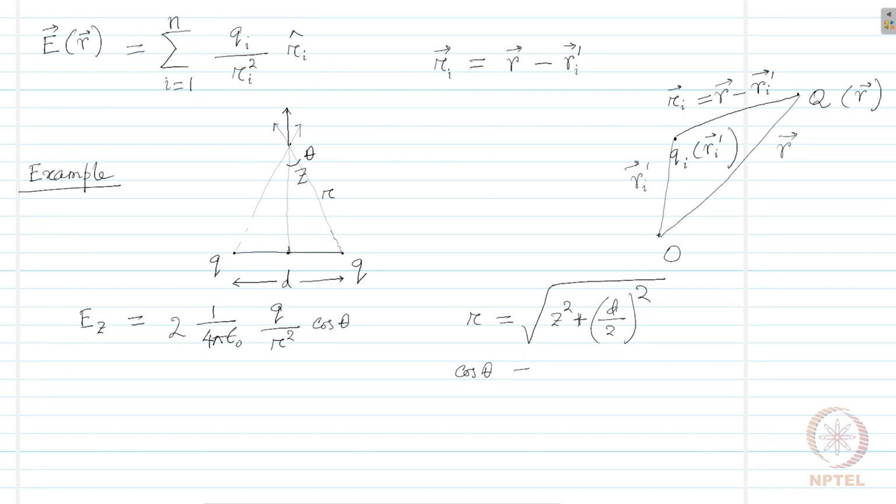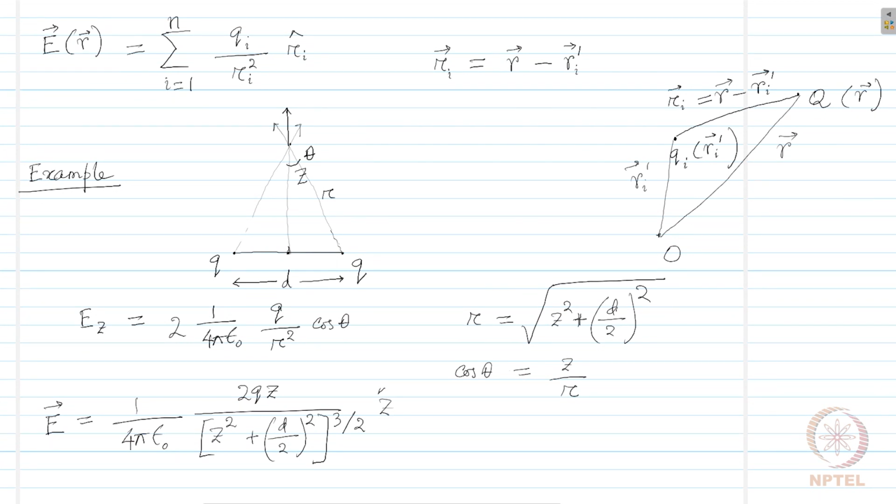Cosine of theta is given as z over r. With this, we can write the resultant electric field as 1 over 4 pi epsilon naught, 2 q z over z squared plus d over 2 whole squared, power 3 by 2, z cap.